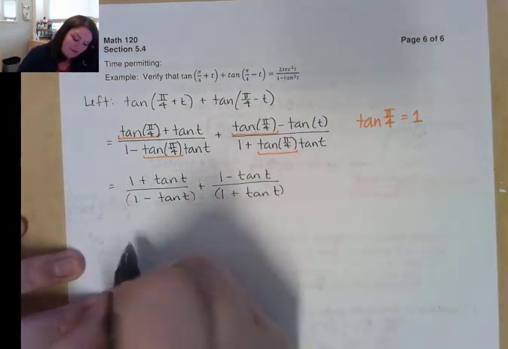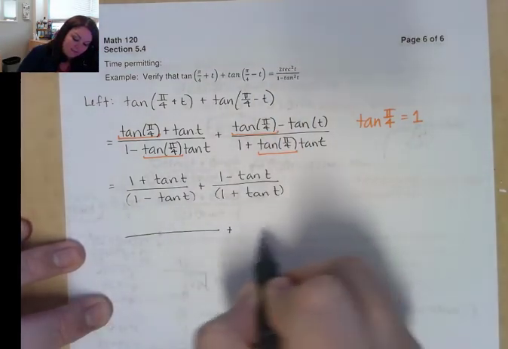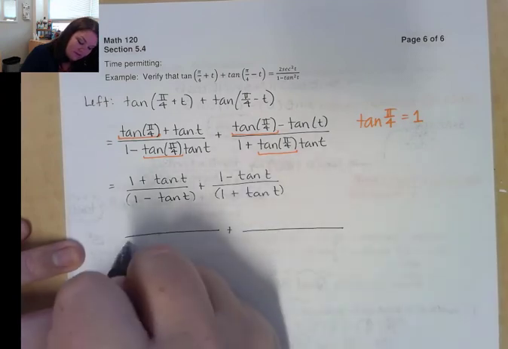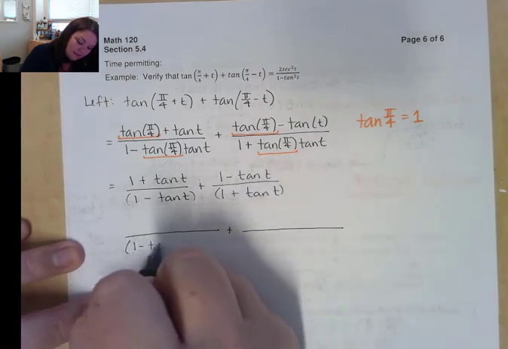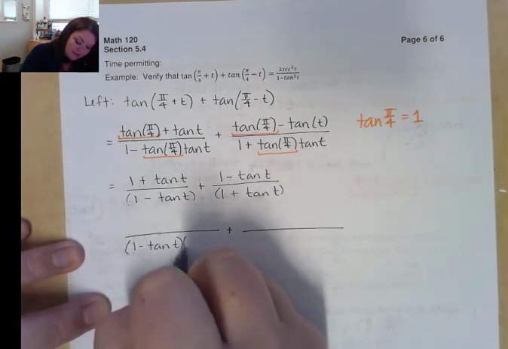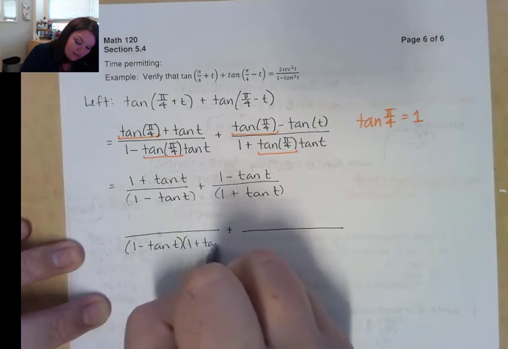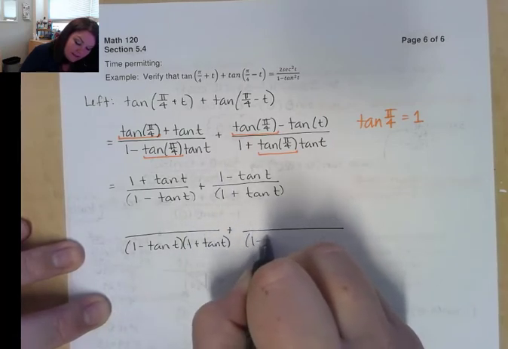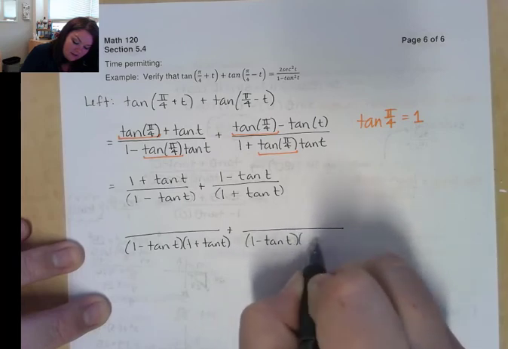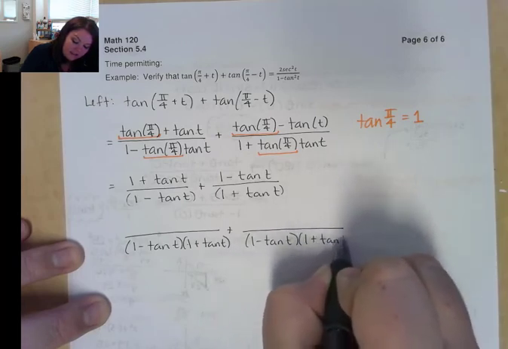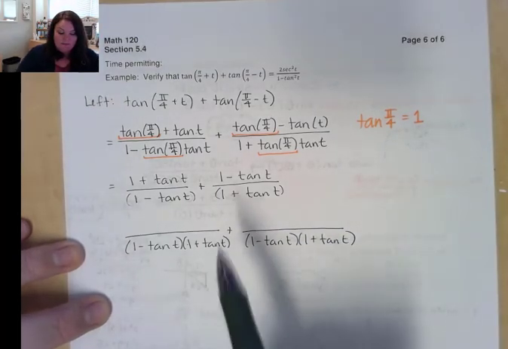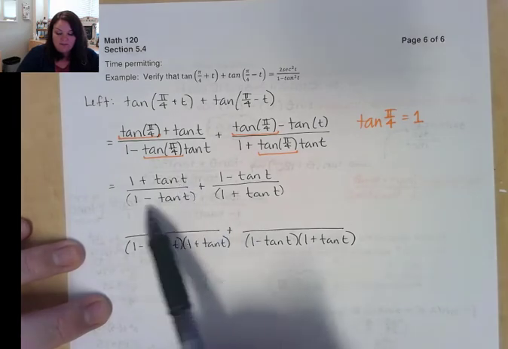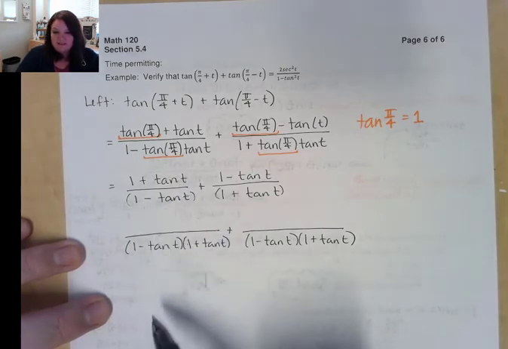Okay, so if I want to end up with a difference of squares denominator, 1 minus tangent t times 1 plus tangent t, then I need to multiply on top and bottom by what each one's denominator is missing.